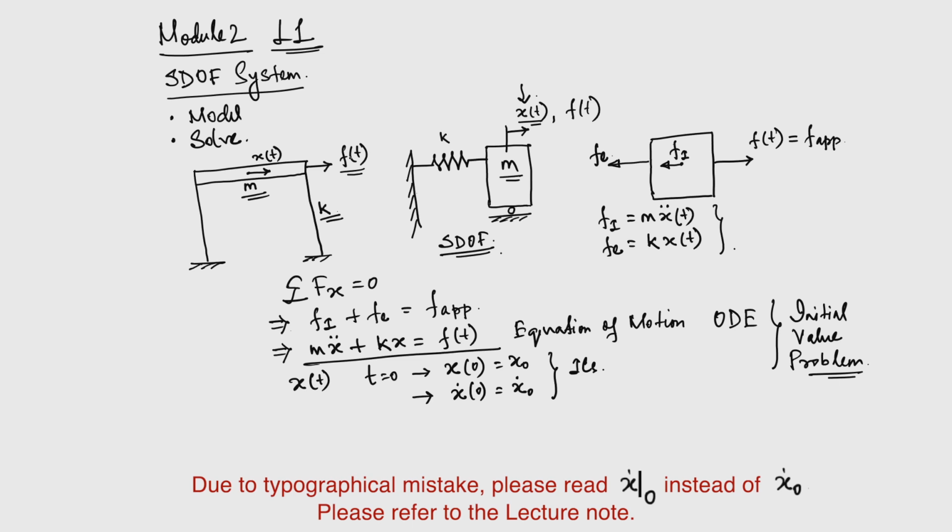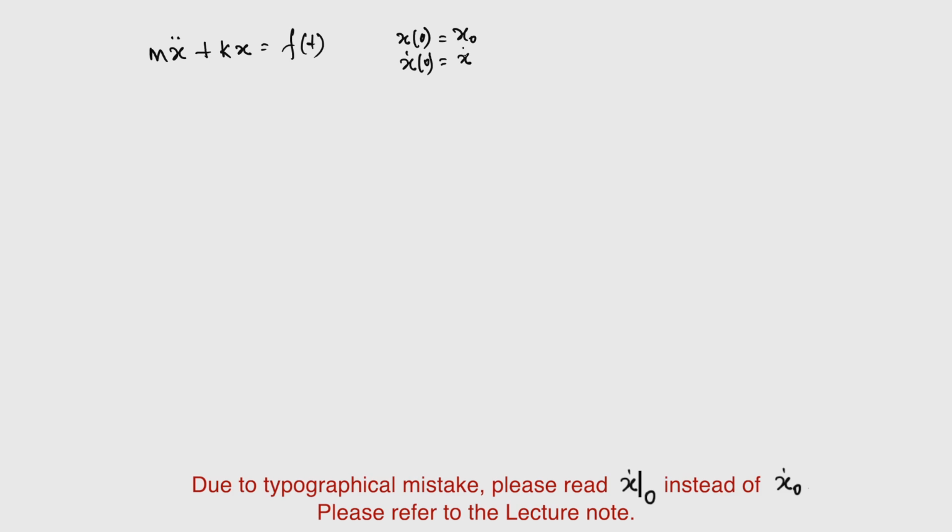For that, let us see how we can solve it. We have the equation of motion m x double dot plus k x is equal to f of t, and the two initial conditions, x of 0 is equal to x subscript 0, and x dot of 0 is equal to x dot subscript 0.